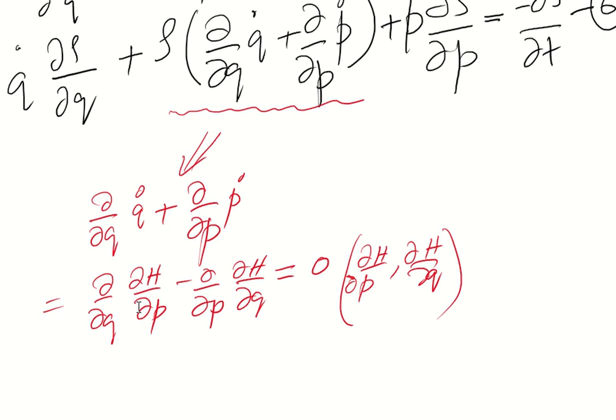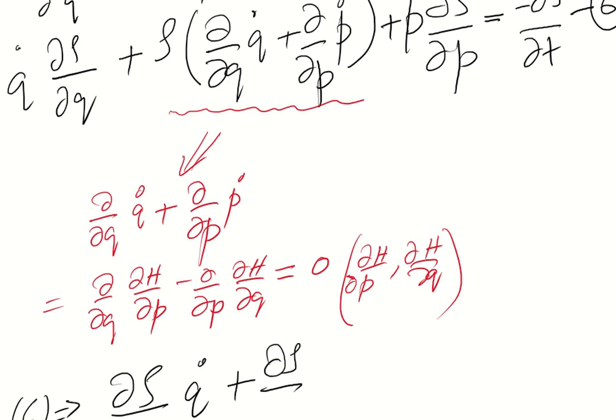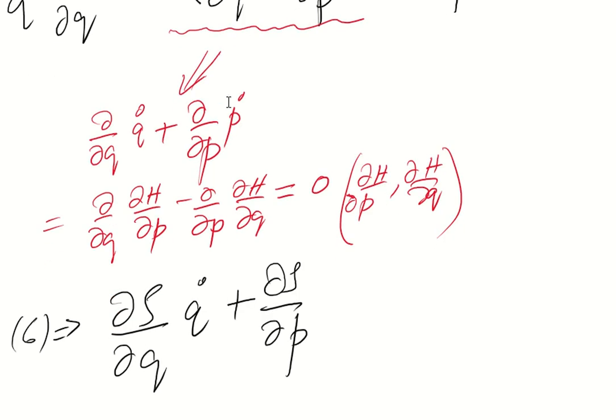from equation 6, it implies that partial rho over partial q times q dot plus partial rho over partial p times p dot, okay, I write these derivatives on the other side so it's not confusing.